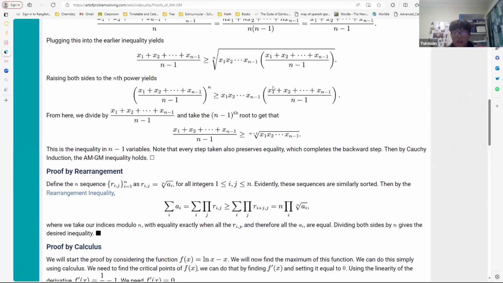So after we divide by this arithmetic mean on the right-hand side, we will get the left-hand side going to the power of n minus 1.